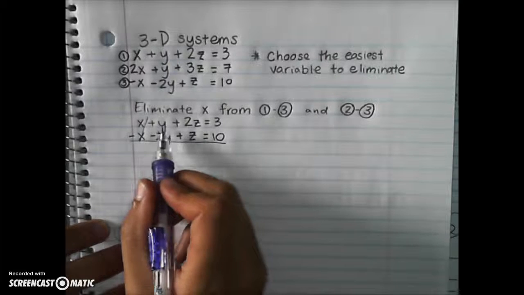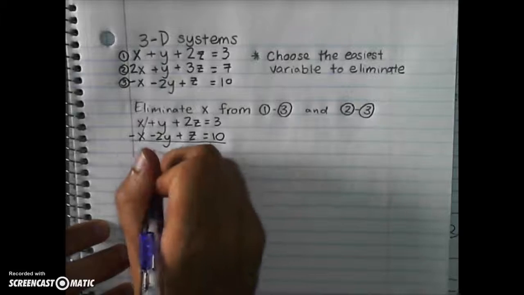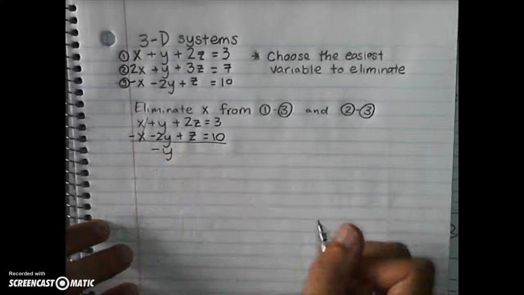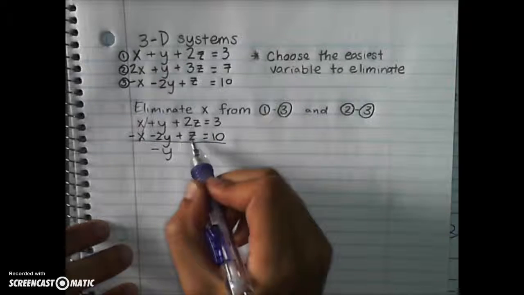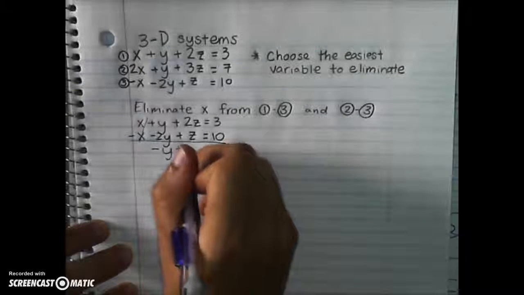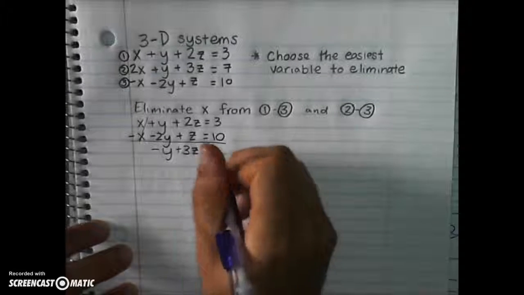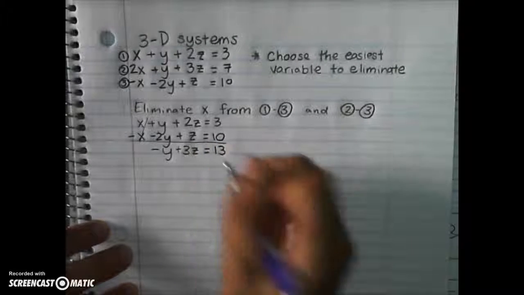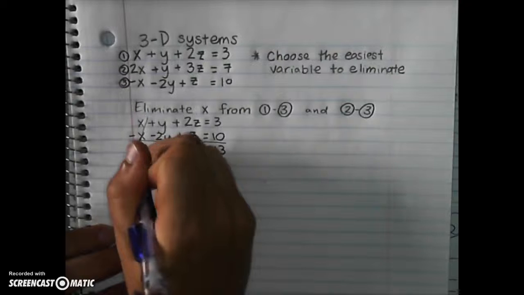The y's, I have positive y minus 2y, negative y. The z's, positive 2z plus 1z, plus 3z equals 13. We're going to call this equation number 4.